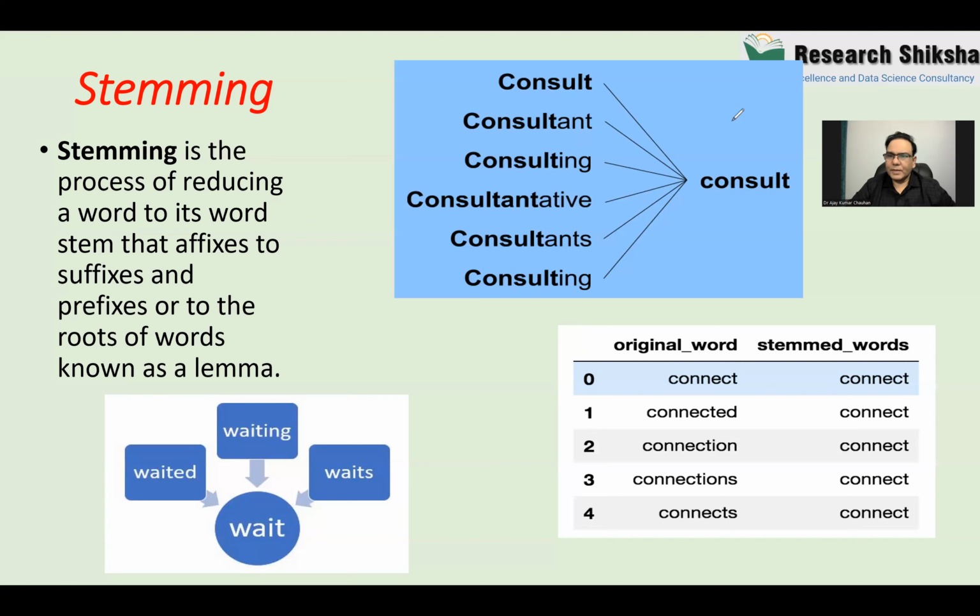In that study, we declared that all these words are different because educator is a different person, education is different, educating is different, online education is different. So sometimes the words are different and sometimes the words are the same. Like for example, connect. We use connect, connected, connection, connections. So all these words are representing the same thing.